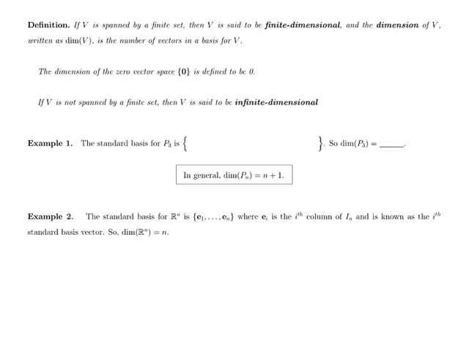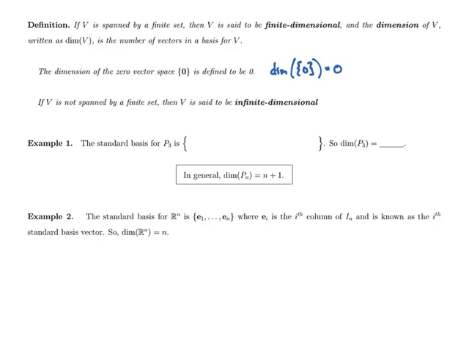A couple things to note: the dimension of the zero vector space is defined to be just 0. Although there is one vector in that span, the 0 vector, there's something special about that. So we say the dimension of the 0 space, which is just the 0 vector itself, is 0.